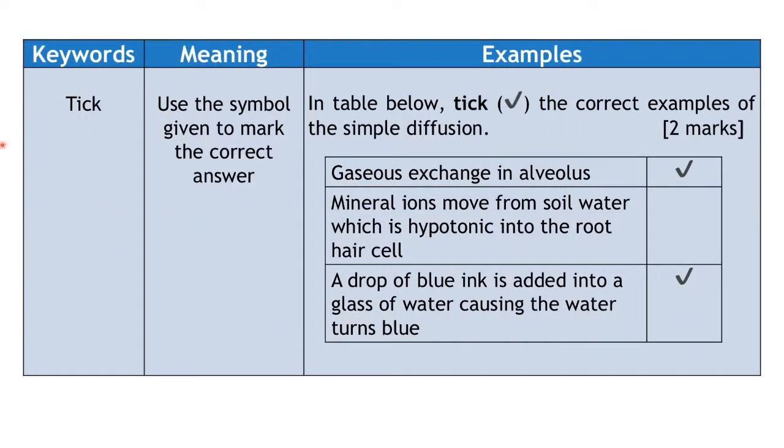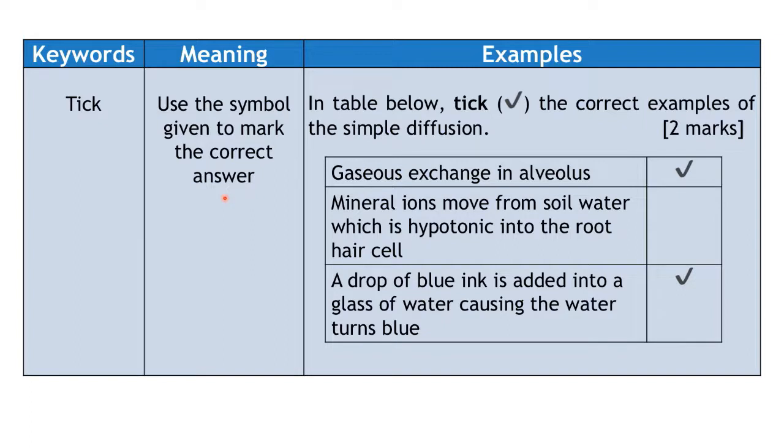Next example, tick. In the table below, tick the correct examples of the simple diffusion. 2 marks. Means you need to put 2 ticks in the column to mark the correct answers.